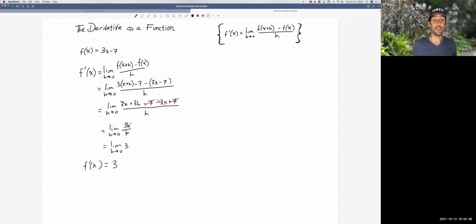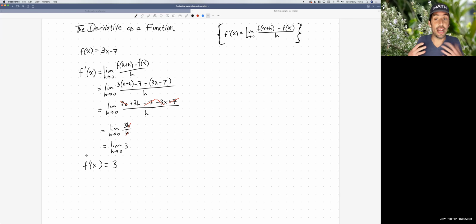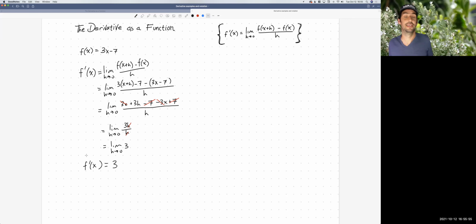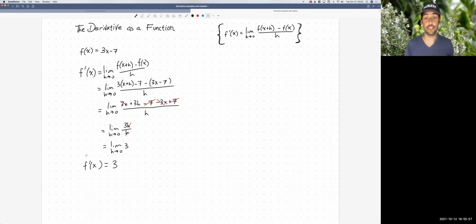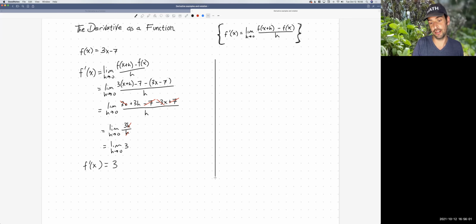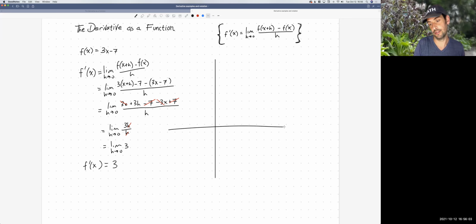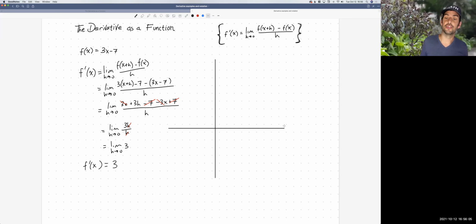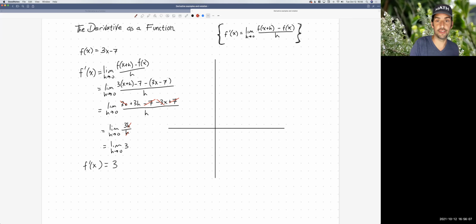Okay, now this is still a function. This is a very simple function. For every input, the output is 3. It doesn't change. So let's examine why that is. Here's a set of axes.